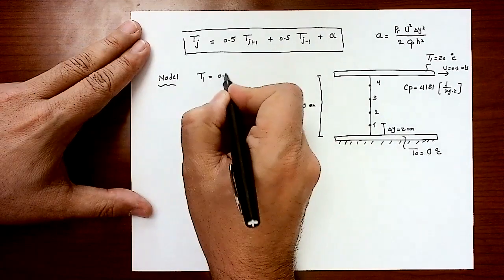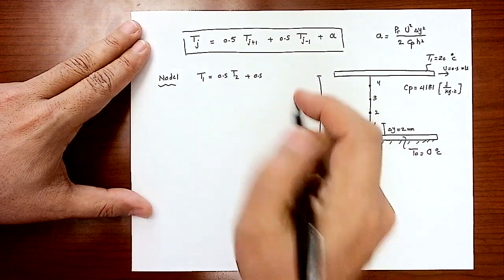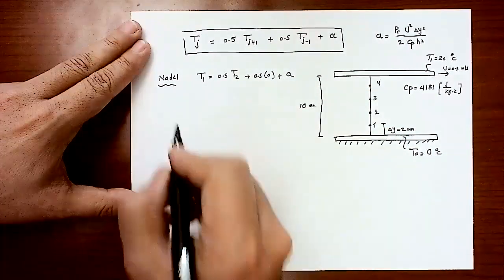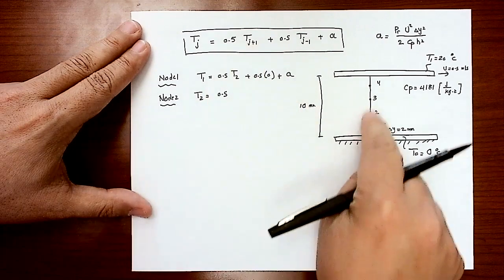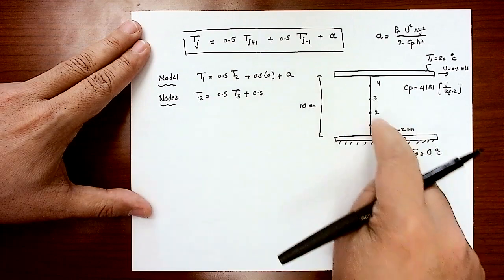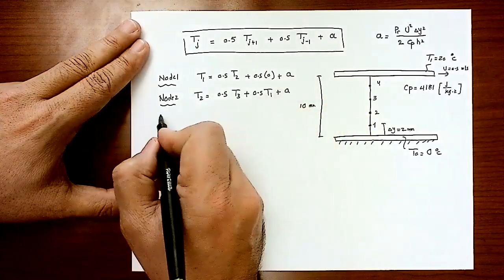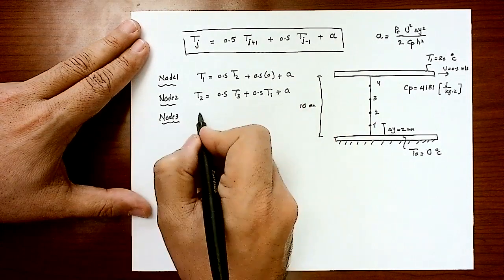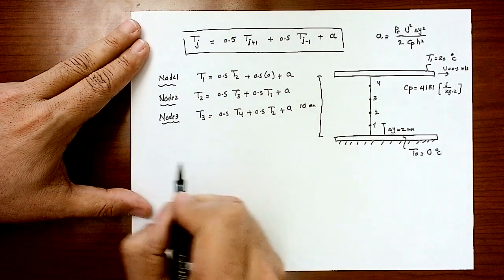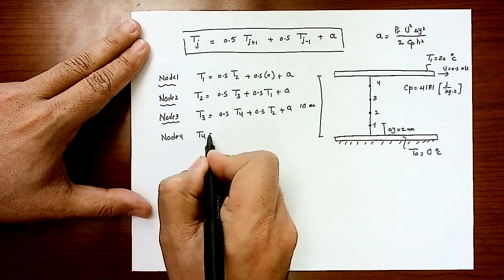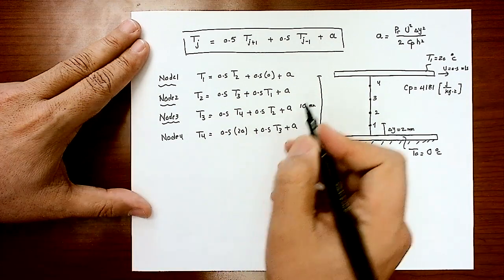I'm going to get T1 equal to 0.5 T(j+1), this is the forward point, that's actually T2, plus 0.5 T(j-1), which is times 0, plus A. And if I go for node 2, I get T2 equal to 0.5 T next, which is T3, plus 0.5 T before, that's T1, plus A. Then node 3, I would have T3 equal to 0.5 T4 plus 0.5 T2 plus A. Then node 4, T4 equal to 0.5 times the forward, which is 20, plus 0.5 T3 plus A.